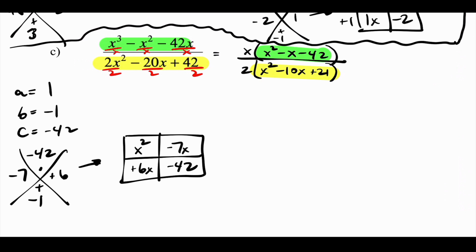The two numbers that multiply to be negative 42 and add to be negative 1 are negative 7 and positive 6. So we get x minus 7 and x plus 6. GCF always stays in front. We always write our GCF in front, just like we did last semester. That hasn't changed.